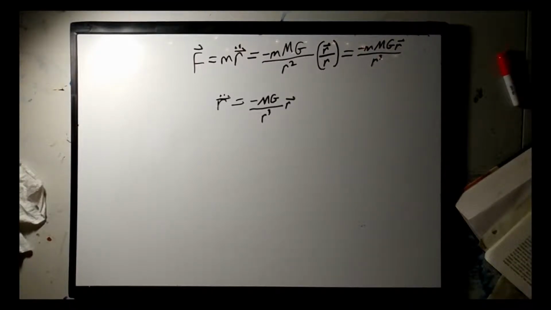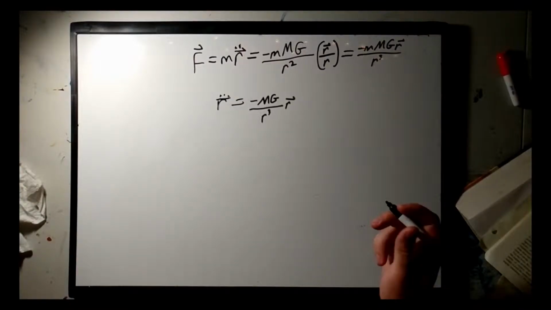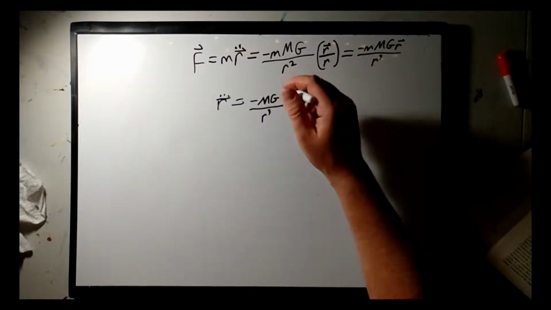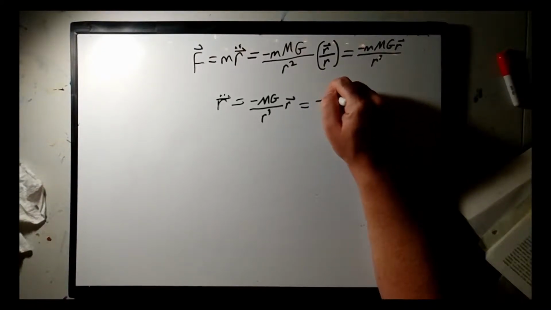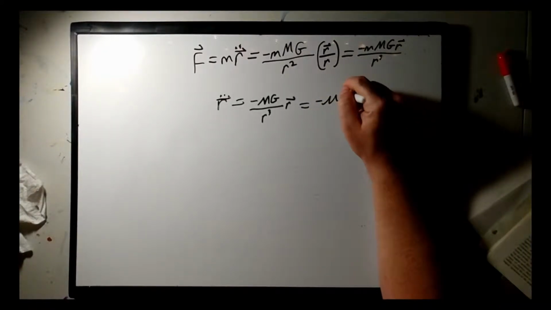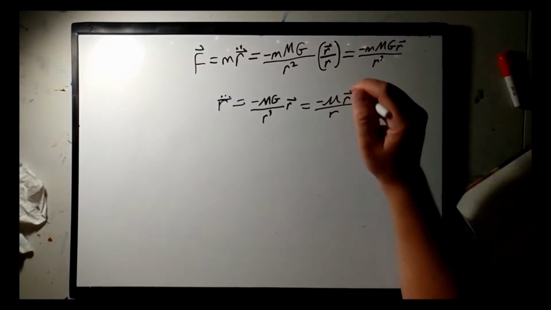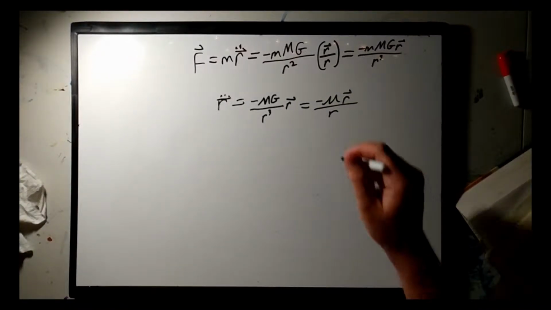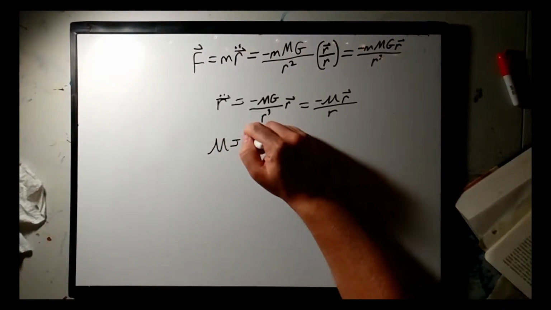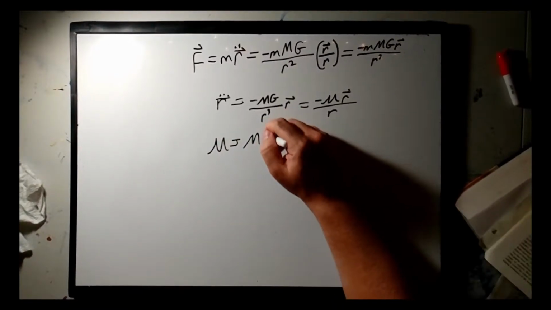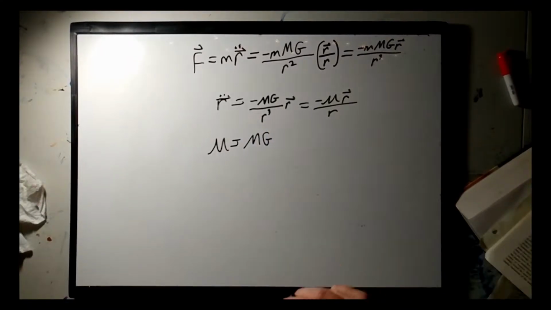So we can go ahead and make this look even cleaner by saying that this is equal to negative mu, like so. So this mu is equal to the mass of the Earth times the gravitational parameter.